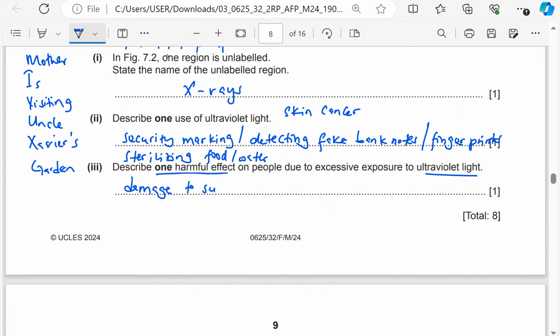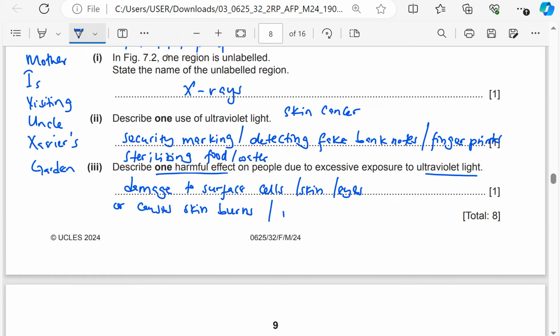When I say damages surface cells, you can say causes skin burns.